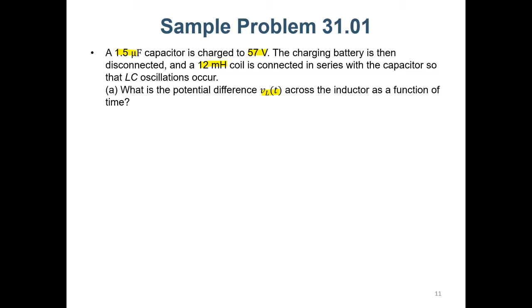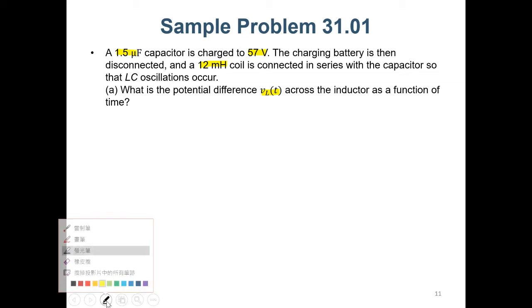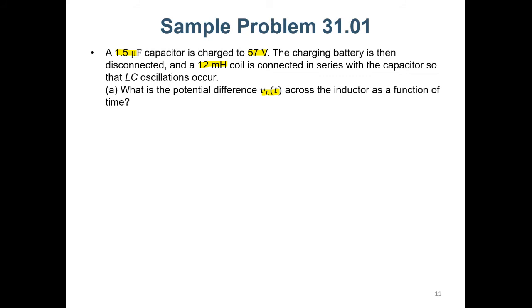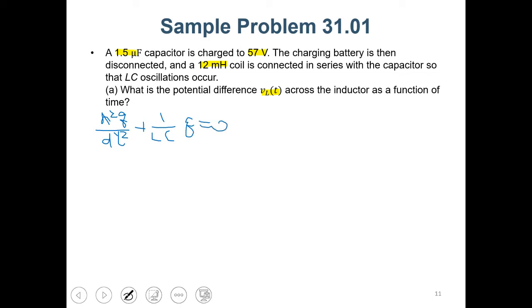So in this case, as we know, the second derivative of Q plus 1 over LC Q equals 0. Q would be capital Q cosine omega t, where omega is 1 over square root of LC.